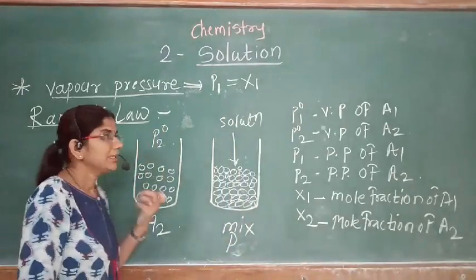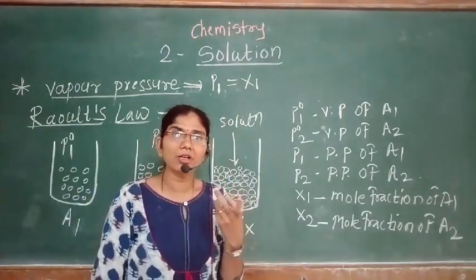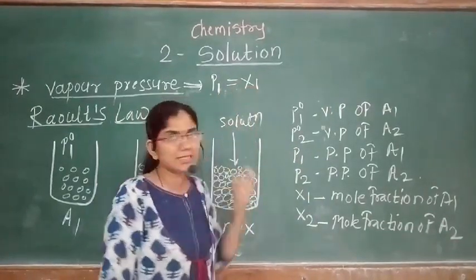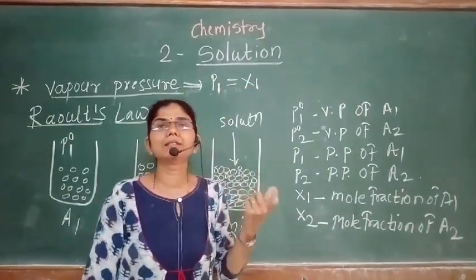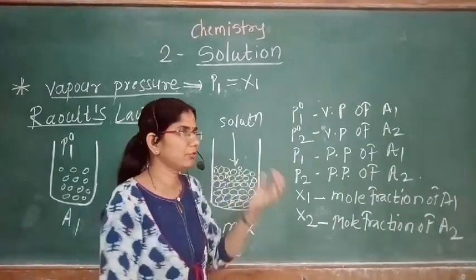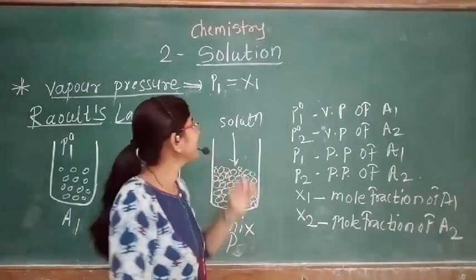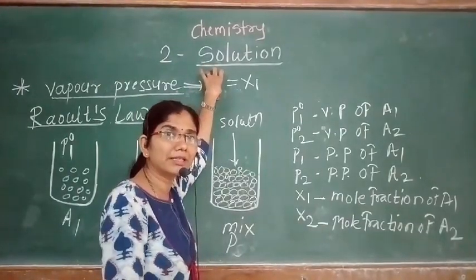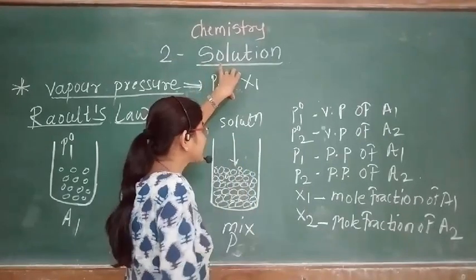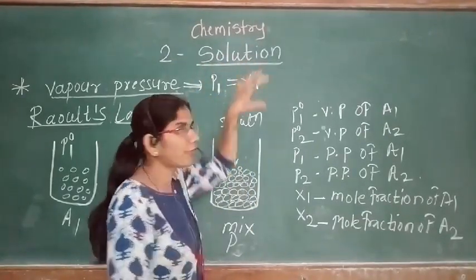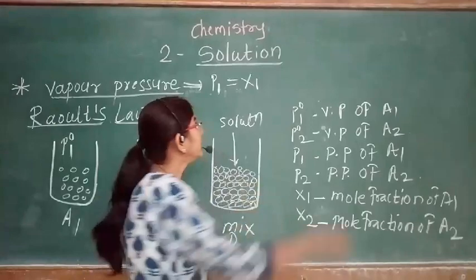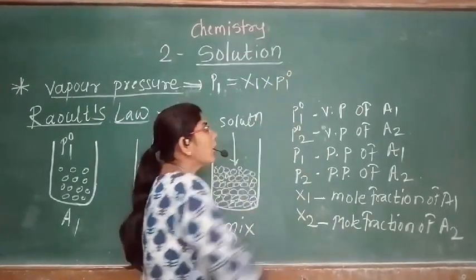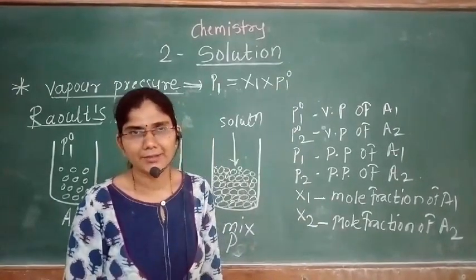Here, if P1 is the partial pressure of component A1, what is the mole fraction of A1? It is equal to x1. And therefore Raoult's law is stated as: the partial pressure of any volatile component of the solution is equal to the mole fraction of that component multiplied by the vapor pressure of that component.